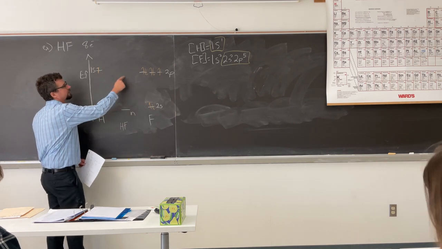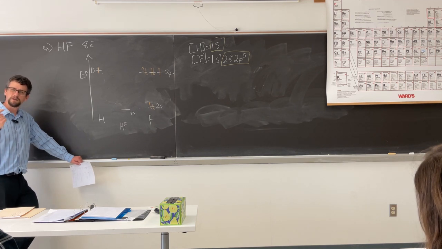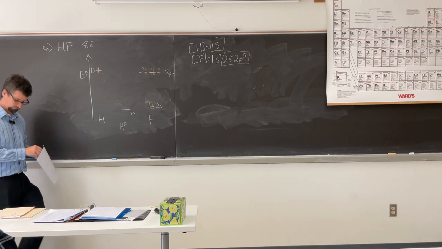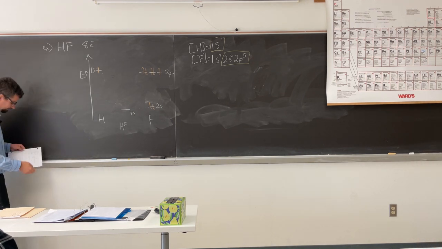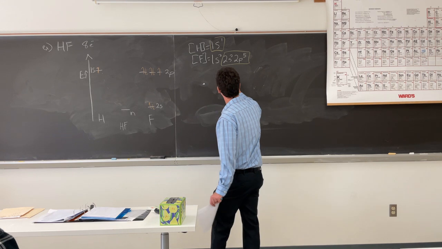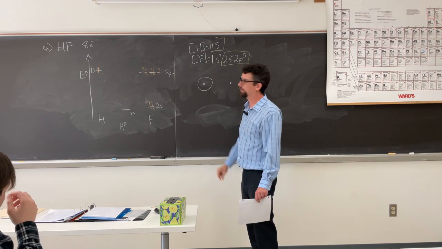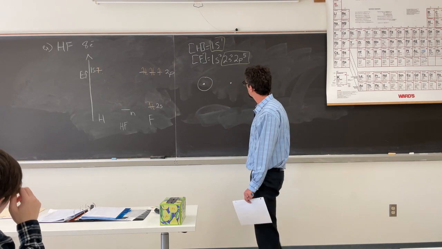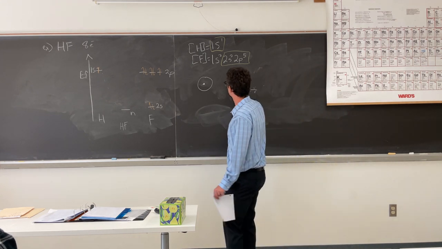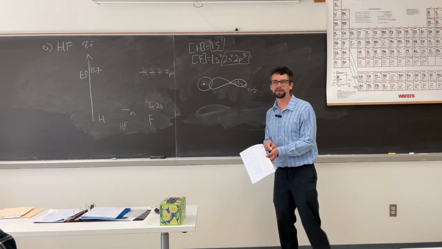Okay, Lily, what else did you say happens? Yep. There can be some overlap between the 1s and the 2p. How many p orbitals are going to overlap with that 1s? So this is our hydrogen. Hydrogen only has that, right? We could have overlap that way. Why not py or pz?